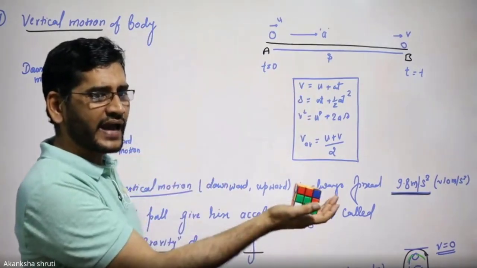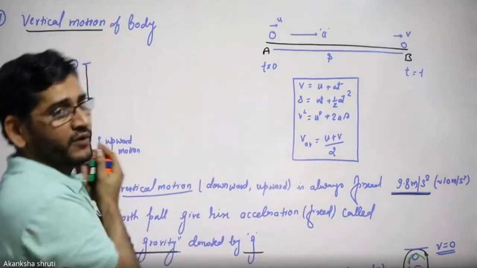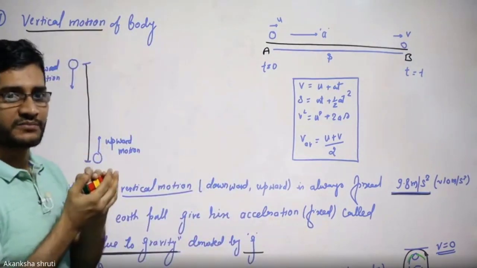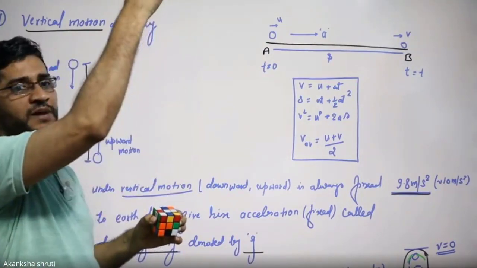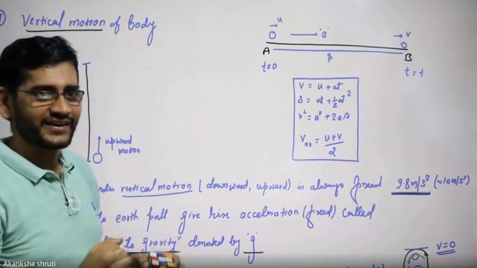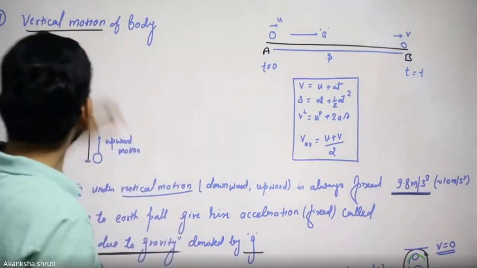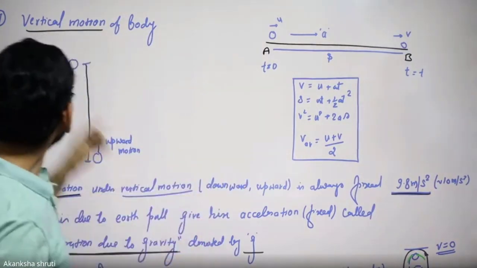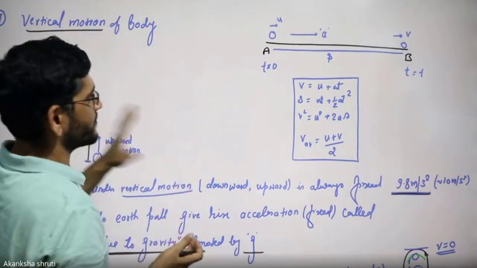Or I have this in my hand and I throw it upward, and it returns back. You observe the body has moved up to this much height, then it came back. So there are two kinds of motion. Once the body is released, downward motion is considered, while when thrown up, it is called upward motion.